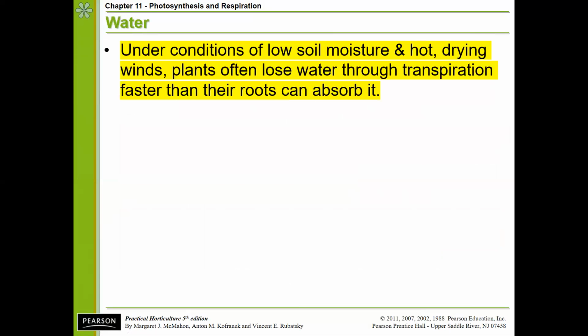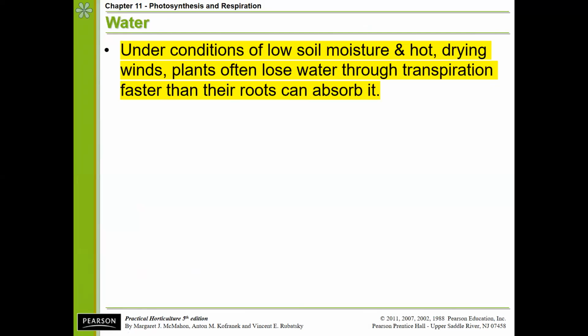Water also plays a huge part in the role of metabolism and photosynthesis. If we have low soil moisture and hot, drying winds, then we can have plants losing water through transpiration faster than their roots can absorb it. And in some cases, even with high soil moisture, if we still have hot, drying winds and a large leaf surface area, then you can still have more transpiration than roots are able to compensate for.